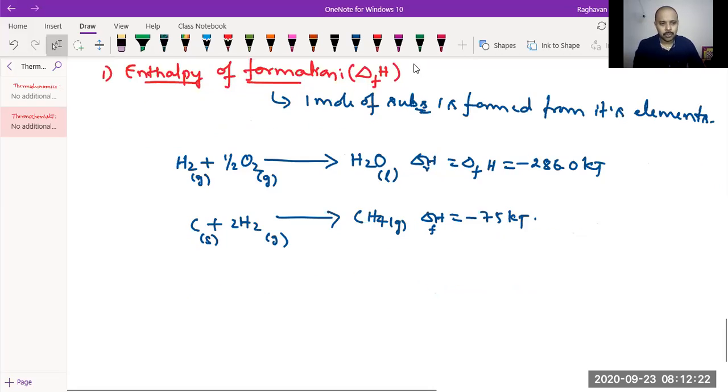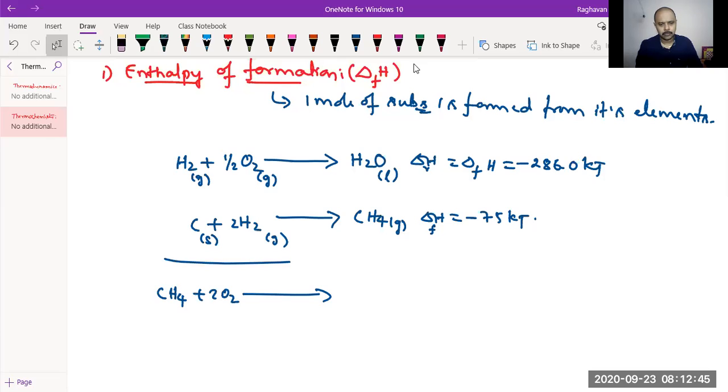So what do you need to remember essentially in this particular definition? Enthalpy of formation of a substance means 1 mole of that substance should be formed from its elements only. For example, if I write the combustion of methane reaction, then there is formation of water and carbon dioxide, and around 890 kilojoules of heat is liberated.